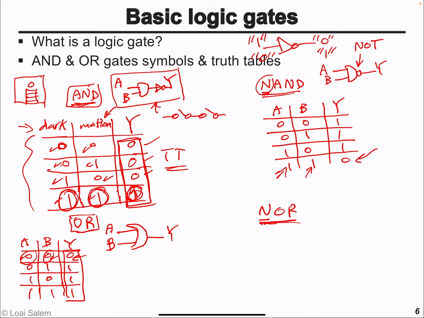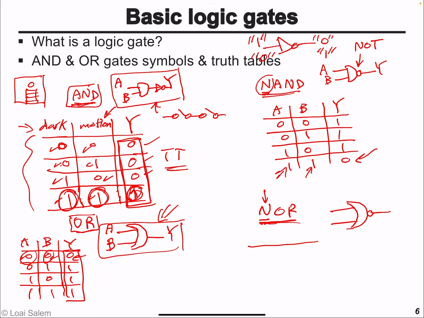Now for the NOR function, as I mentioned, not OR, so essentially it would look like an OR gate, but we just add an inverter afterwards, or basically we just put a bubble.